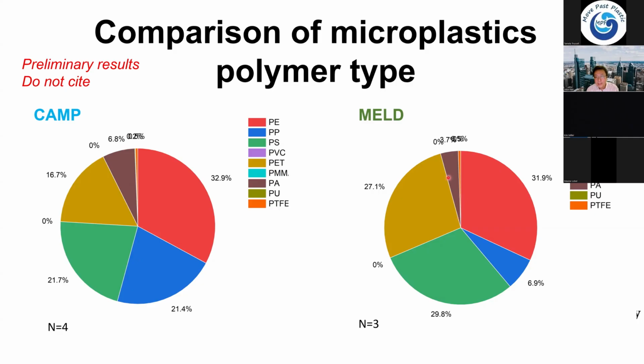For example, in indoor air, especially dry cleaning shops, polypropylene concentration is relatively smaller compared to our campus study. However, we found more polystyrene and polyethylene terephthalate in the indoor samples compared to outdoor.